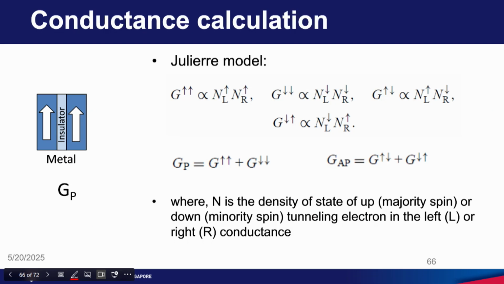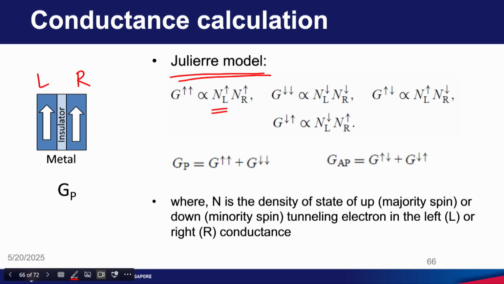According to the Julier model, the tunneling probability, or the conductance as a result of the tunneling probability, depends on the density of states. Here we can use ferromagnetic material on the left side and ferromagnetic material on the right side. In this paper they use the symbols left and right.